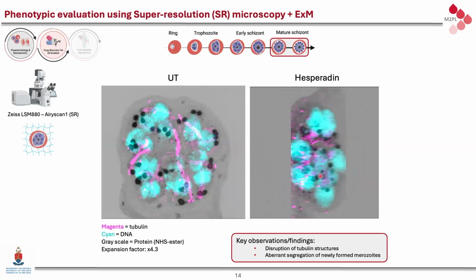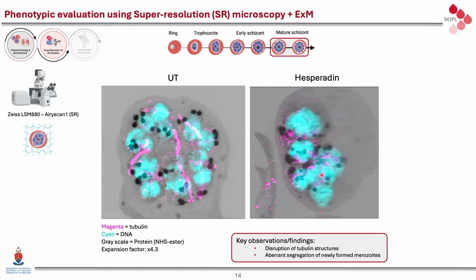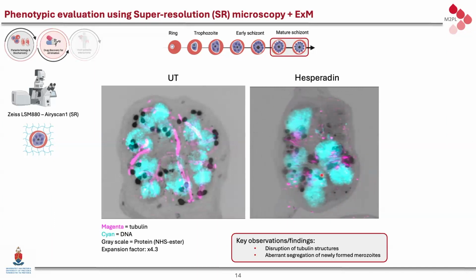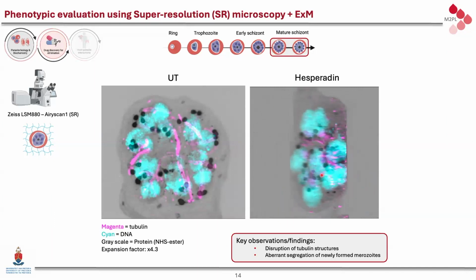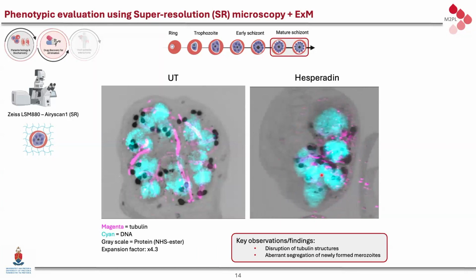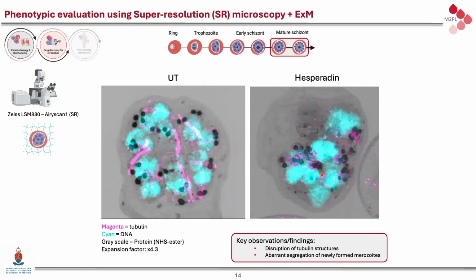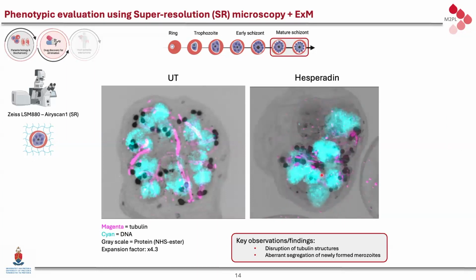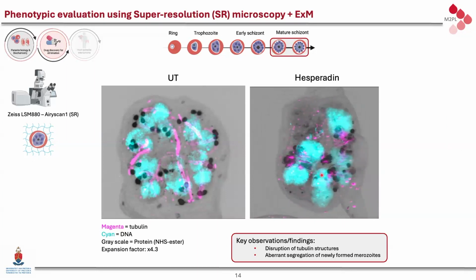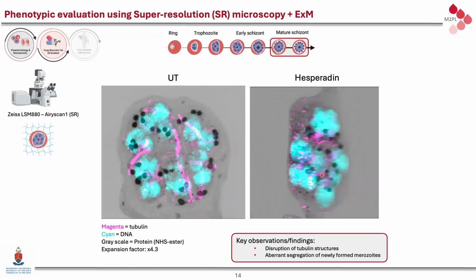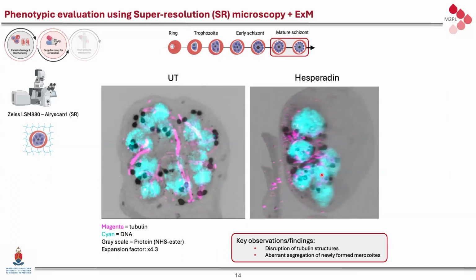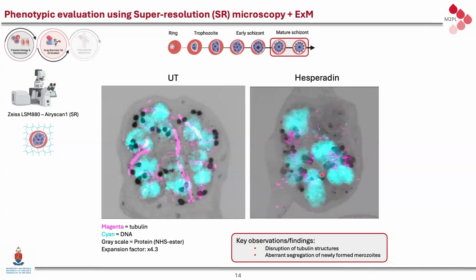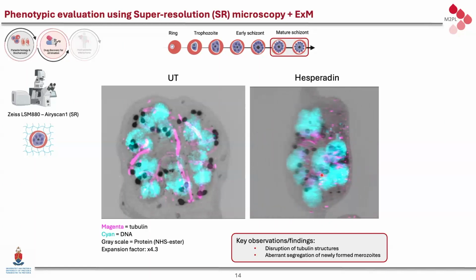So this just strengthened the previous data that was obtained, where hesperidine-treated parasites had abnormal nuclear segregation, a weird morphology, as well as the microtubules being affected. So this really strengthened the notion that we could use hesperidine as a tool compound to further study the mitotic process within the parasite.